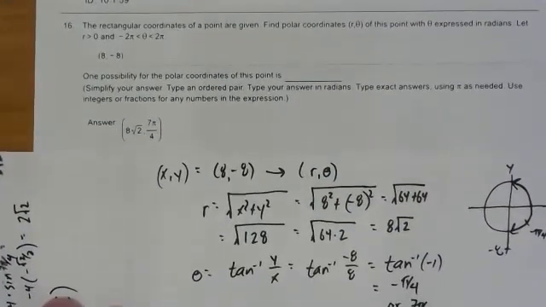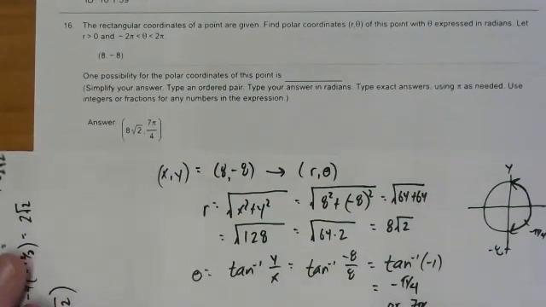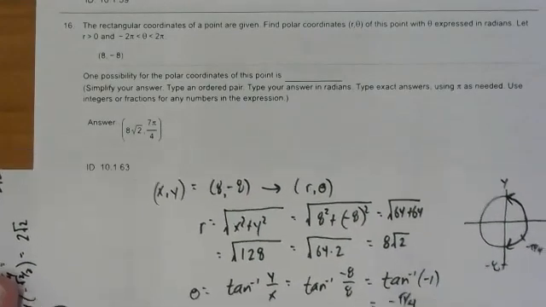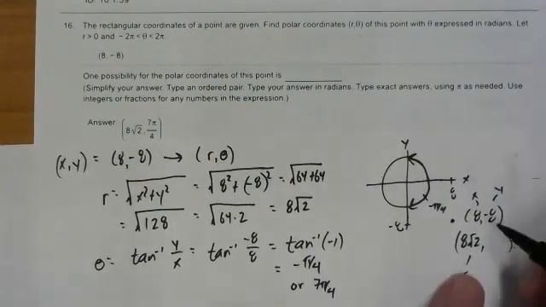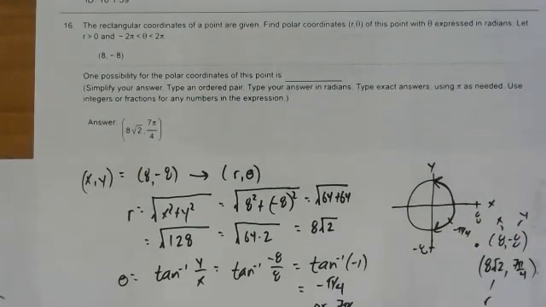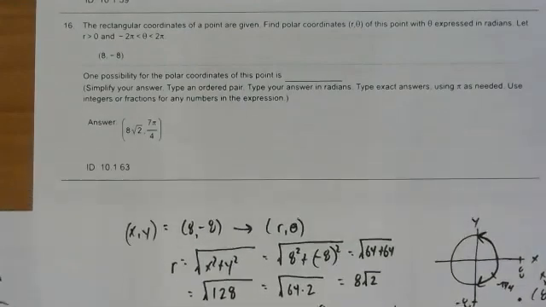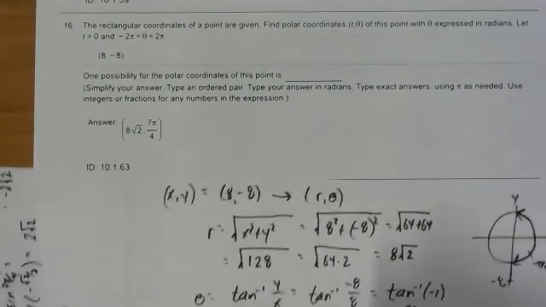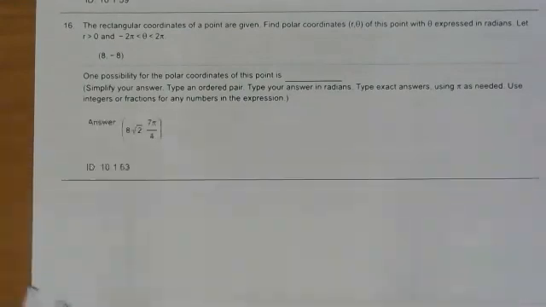So theoretically, -π/4 would fit along with 7π/4. So it's interesting. Of course, this isn't in my math lab. I don't know if they would accept it if someone put -π/4, whether it should, according to their instructions, count as correct. Interesting. But the key is that you understand what we're doing here. Hopefully that's clear.